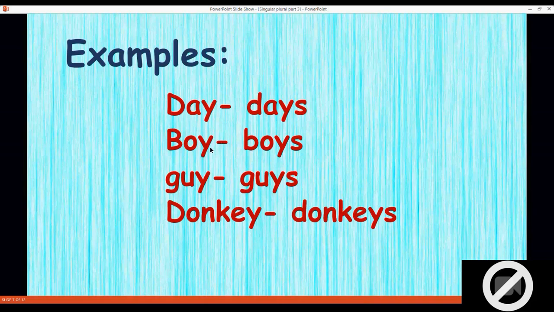Y. And before the last letter, what is the letter? Is that a vowel or a consonant? Vowel. So if there is a vowel before the letter Y, how can we change the word to a plural?